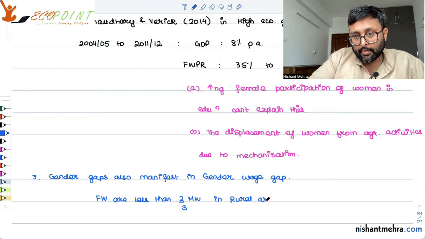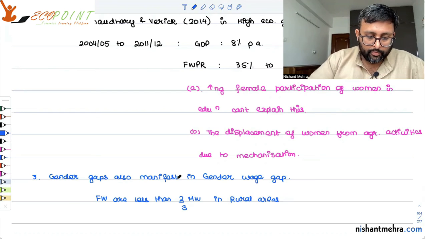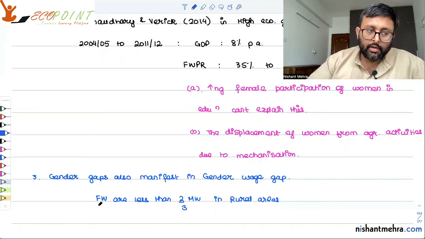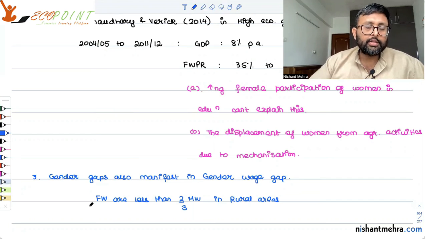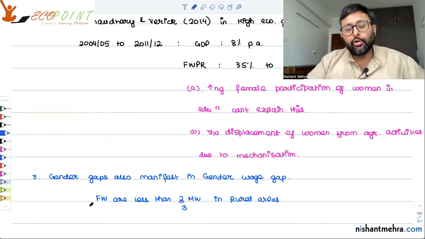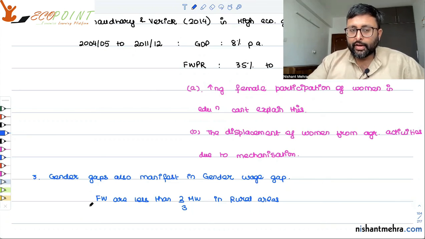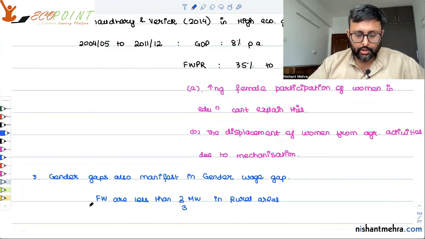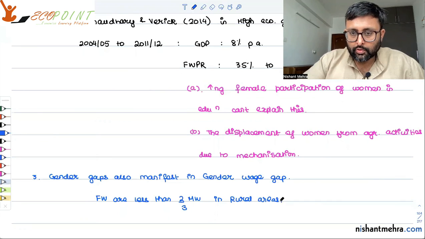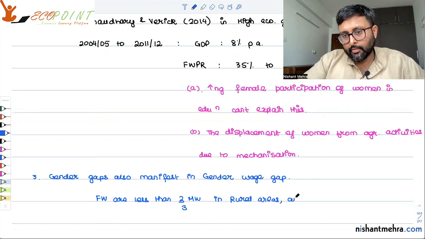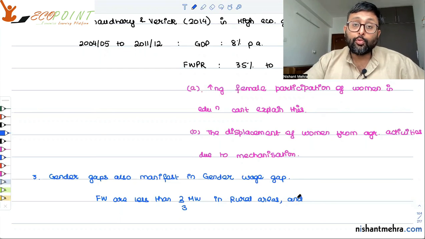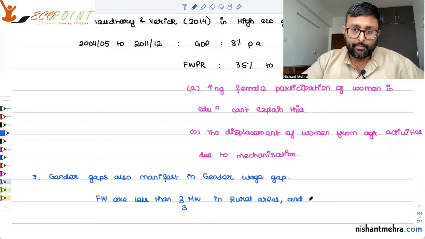You can see such a gap. And in urban areas, at least for the regular salaried workers, you don't find much difference. And have not caught up over time means have not reduced over time.